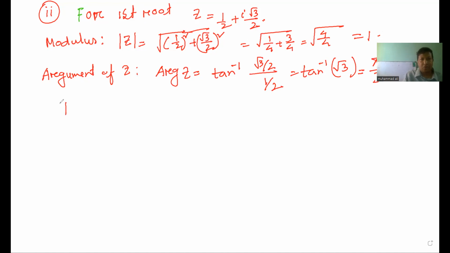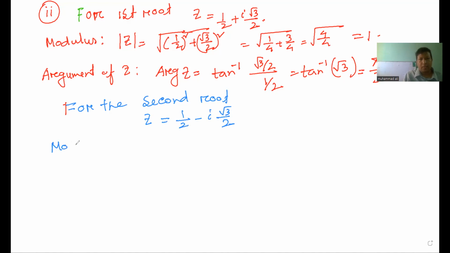For the second root. The second root is what? z equals half minus i root 3 by 2.